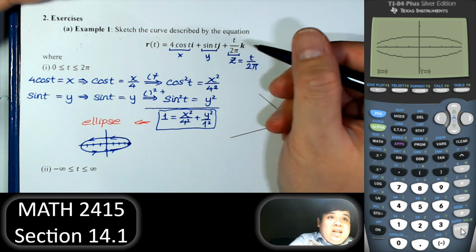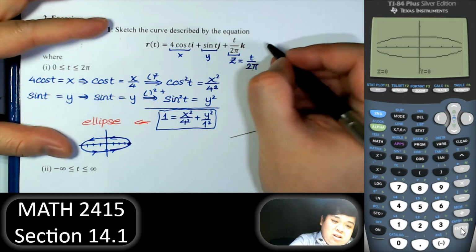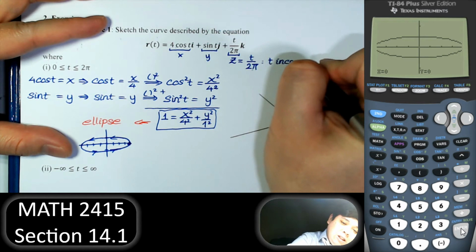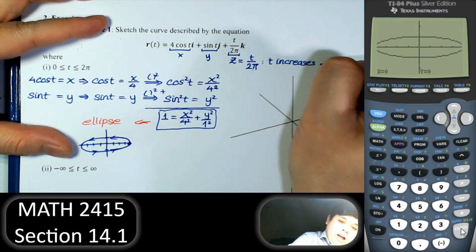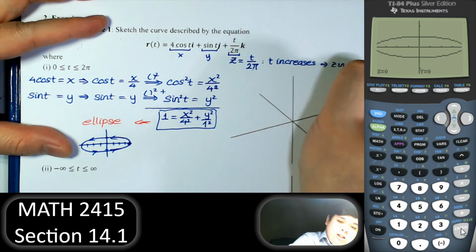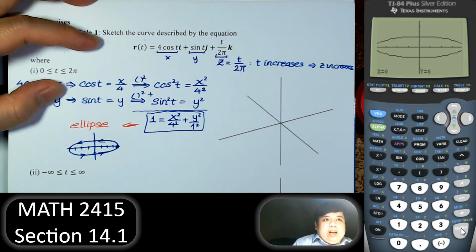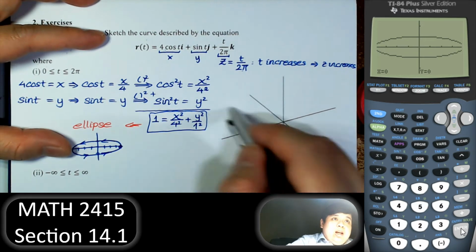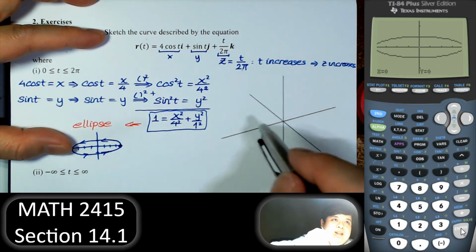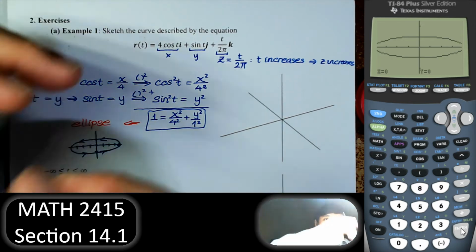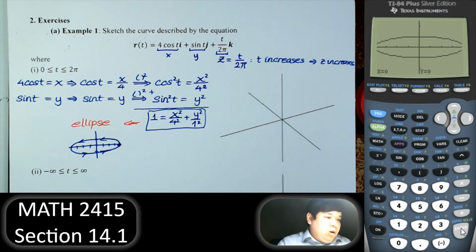As t increases, z increases. So imagine an ellipse on the xy plane, and then z increases, so we go higher and higher. Essentially what we have is like a spring or a helix.